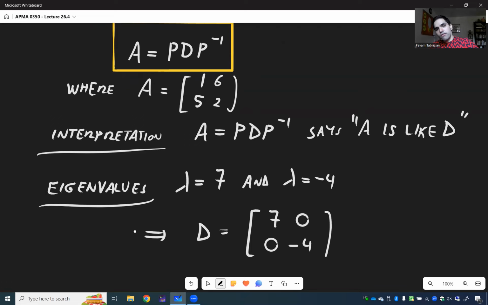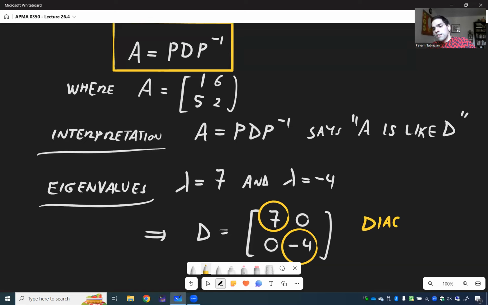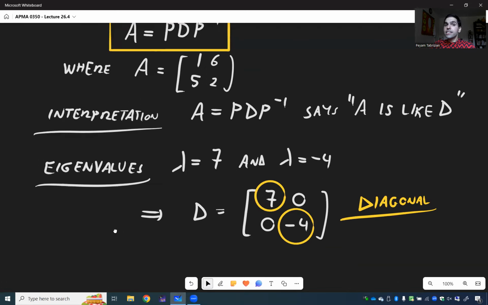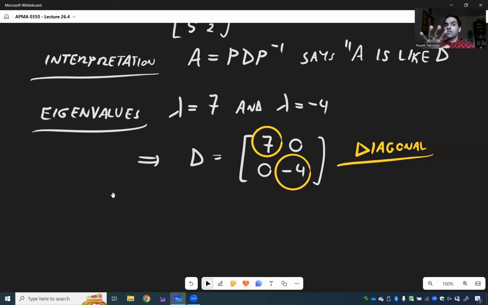So 7, 0, 0, -4. And this is what's called a diagonal matrix. Diagonal means everything not on the diagonal is 0. And by the way, yes, it's okay to write -4, 0, 0, 7, but you would have to be careful with the eigenvectors, which I'll do now.